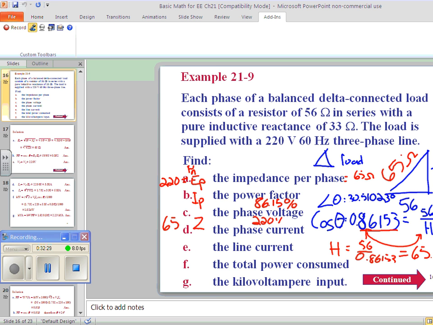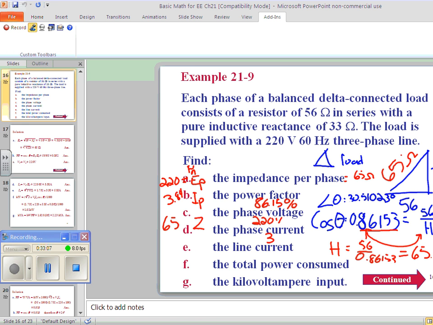So we can divide 220 by 65, can't we? Do we have any of those numbers in our calculator right now? We have 65, so we're just going to put in 220 divided by second function answer, saving a step, and we get the current of 3.384.